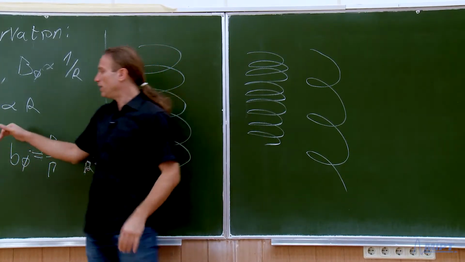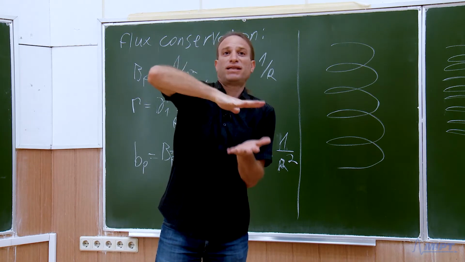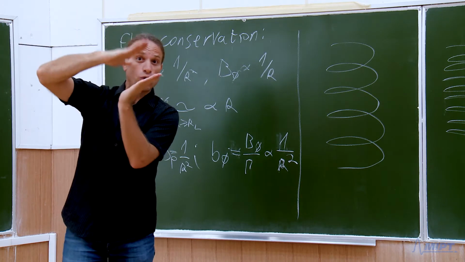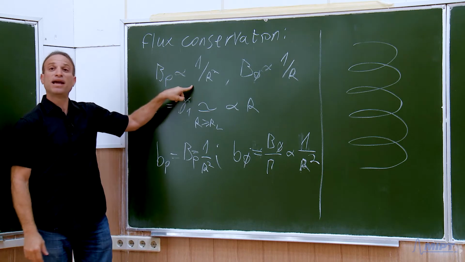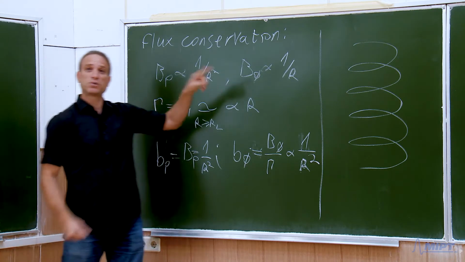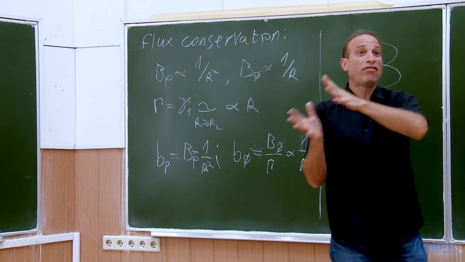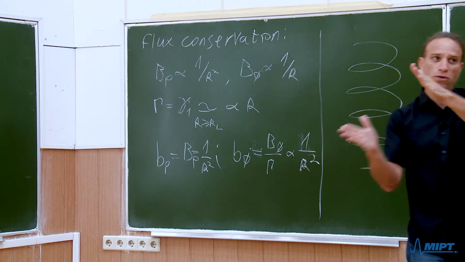So let's imagine that the flow is actually the spring as it goes. As it goes along in the rest frame, the spring wants to compress. Why? Because B phi drops slower than BP. So B phi drops slower than BP means that as the flow continues to expand, B phi is increasing relative to BP. So as the spring moves, it tries to compress, but it has tension.